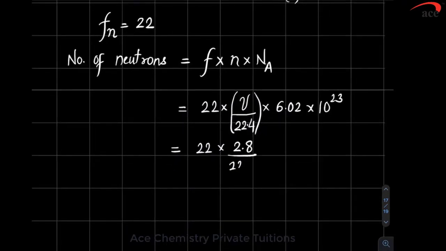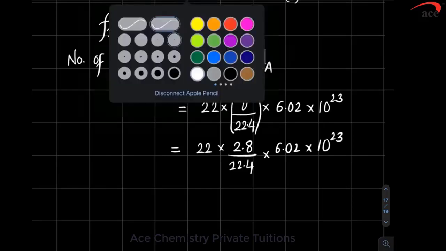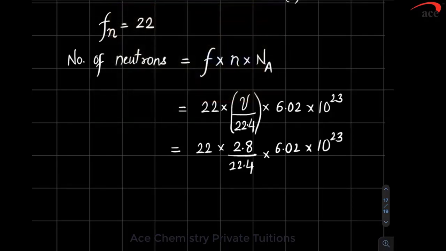So it is 22 multiplied by 2.8 divided by 22.4 multiplied by 6.02 into 10 to the power 23. Cancel the numbers as much as possible. If you simplify, this is 4, this is 3.